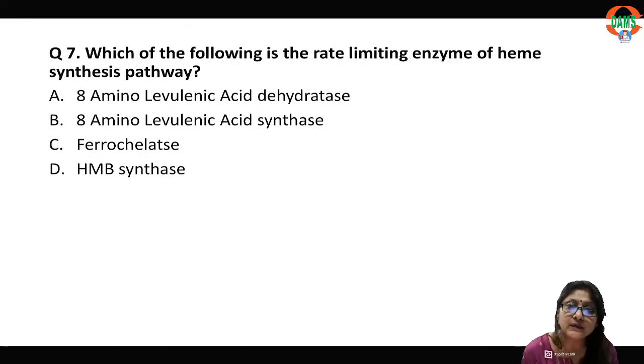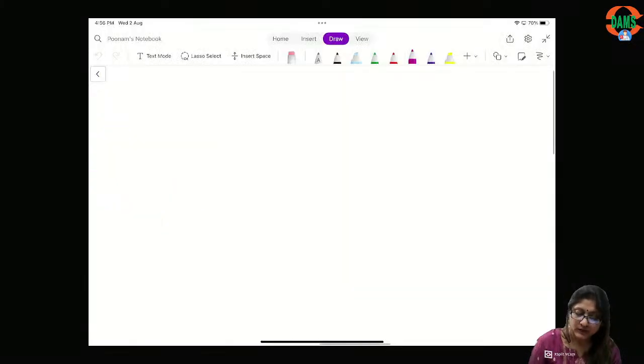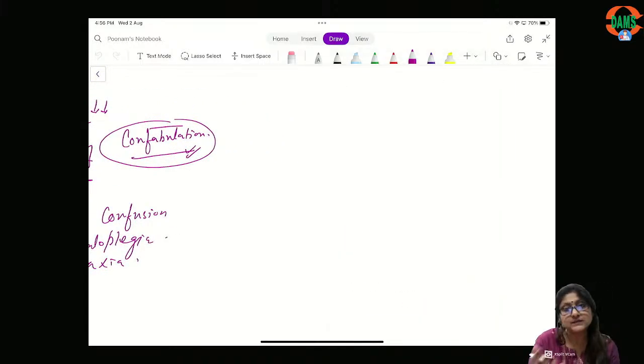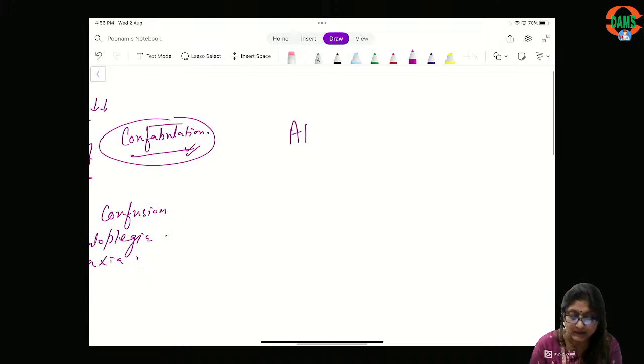Which of the following is the rate limiting enzyme of heme synthesis? What is the answer? Anybody? Heme synthesis, what is the rate limiting enzyme? The very first enzyme of heme synthesis is the mitochondrial enzyme ALA synthase 1.